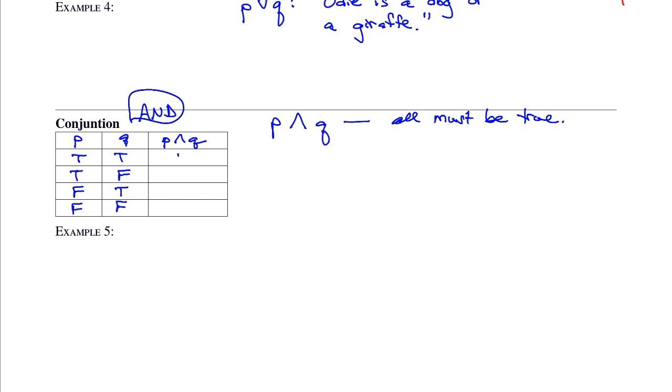It is true, because all of the statements were true. If P is true and Q is false, what do we know about the conjunction? False. And what about the next one? False. And the next one? False. So in order for it to be true, all of them have to be true, not they all have to be the same. That's something else. They all have to be true. So the only one that's true with conjunction is the first one.